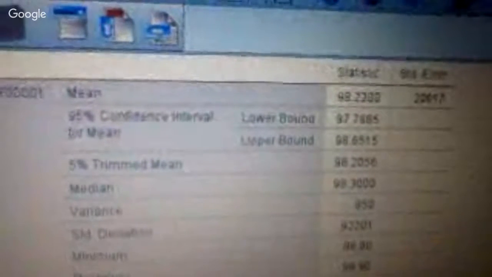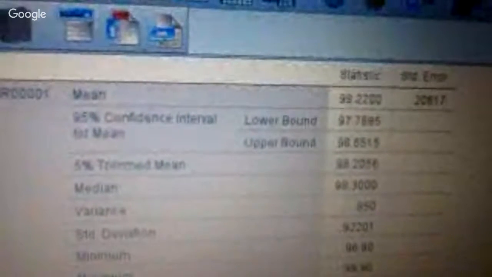Yeah. I'm a little confused though. I'll show you my screen, because I technically have multiple means going on. Do you see how there's the mean at the top and there's a number for that, and then there's this 95% confidence interval for mean, with two numbers for that, and then there's a 5% trimmed mean.